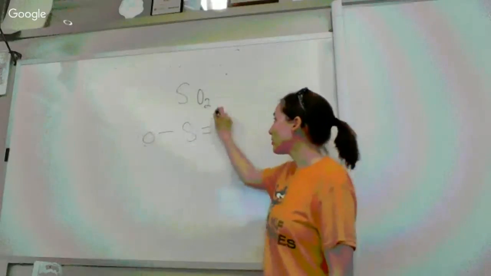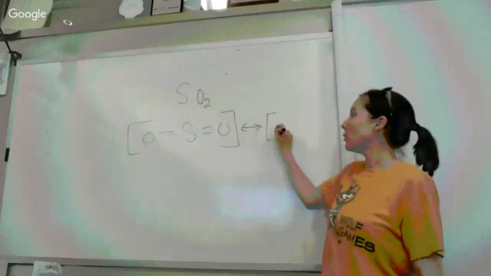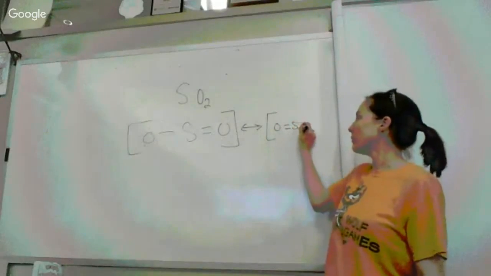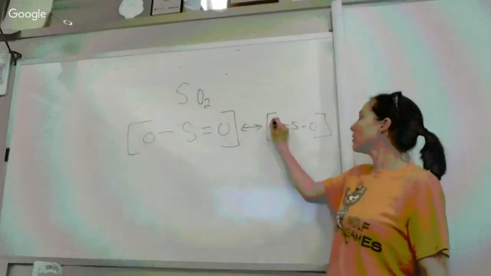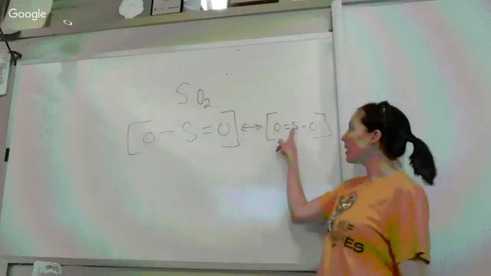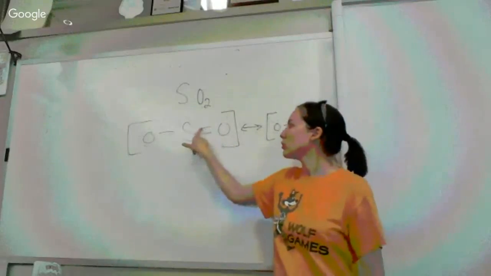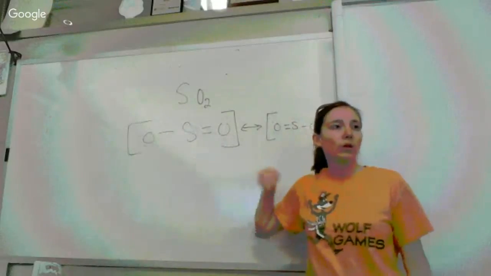You would want to represent your Lewis structures using both, and show that the electron will actually travel in between the two, creating a double bond on both.